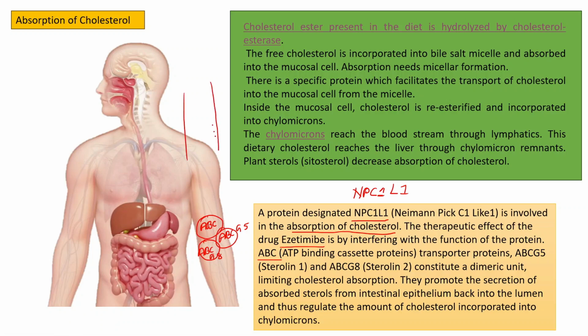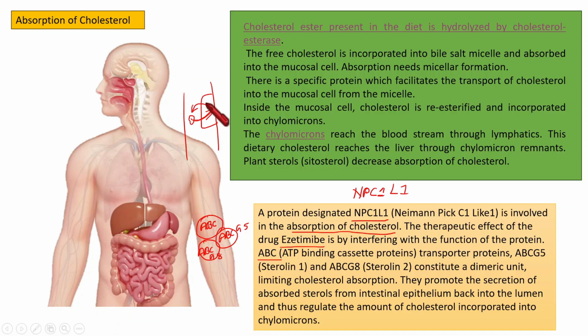We have just learned that the bile packed cholesterol that reaches the intestinal lumen is taken inside the mucosal cell for further absorption. As this step happens here, this complex brings about the secretion of an amount of cholesterol back again to the lumen, and in that way it prevents the excess loading of cholesterol inside the chylomicrons towards the liver.